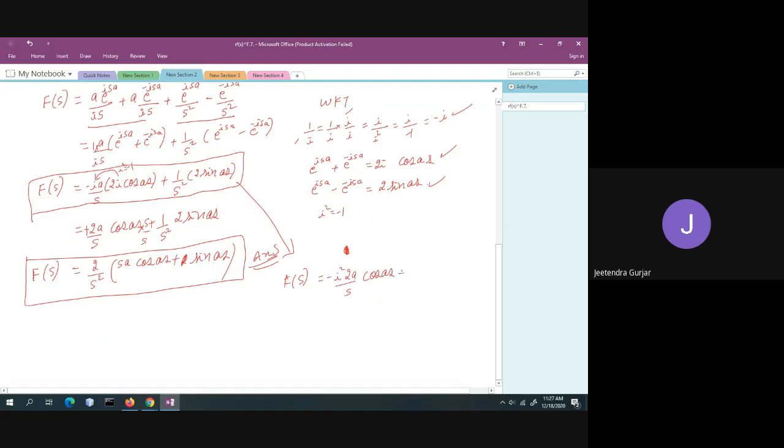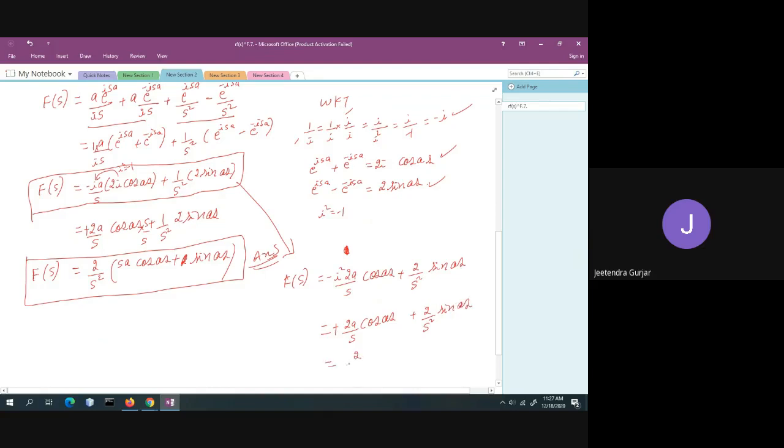Then here I will take plus 2 upon s square as it is, sin as. Am I right? So a i square is minus 1, so it becomes plus 2a upon s cos as, plus 2 upon s square sin as.